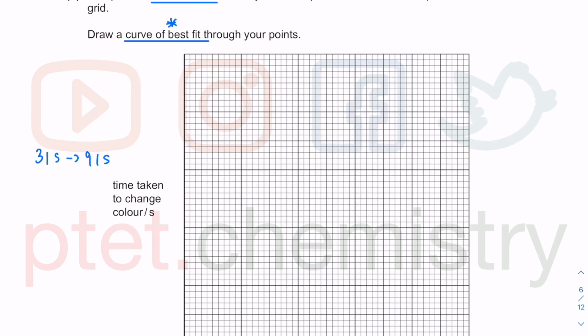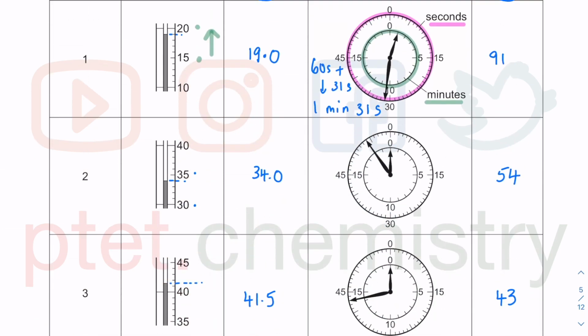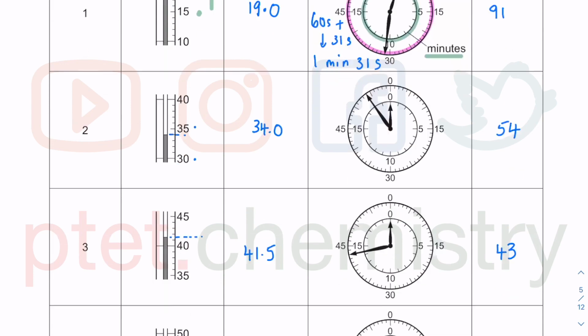You need to have regular intervals. So let me think about this. If I started with 2, 4, 6, 8, 10, so that will be 20, 40, 60, that would be okay as well, 80 and 100. So that I can think about 31 second just now, right? 91 second for 19.0.